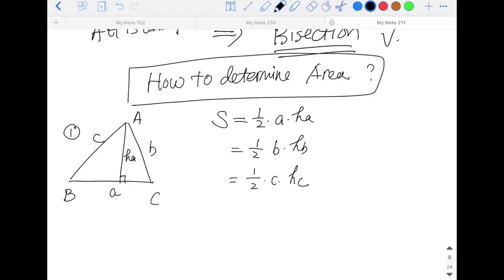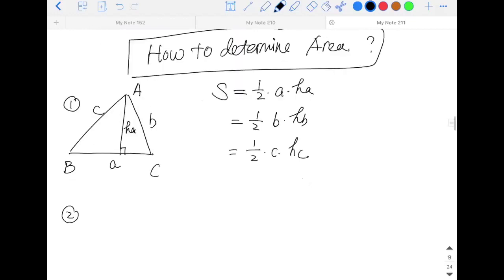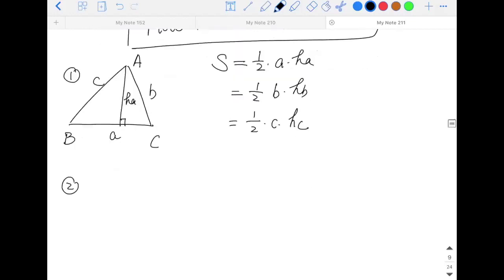Nothing to say. The second part is actually more useful in the math competition, because most of the time they won't really give you the height on the bottom, right? So instead, what you can do is something like this.